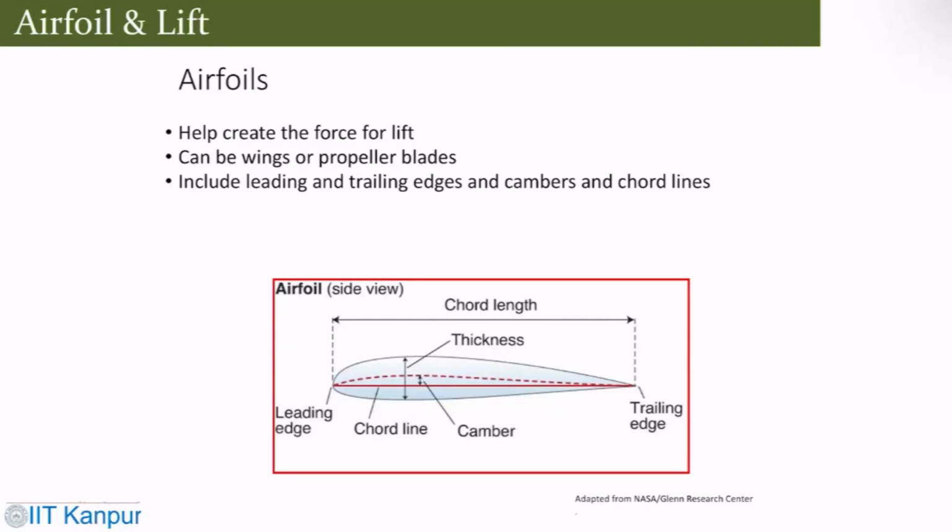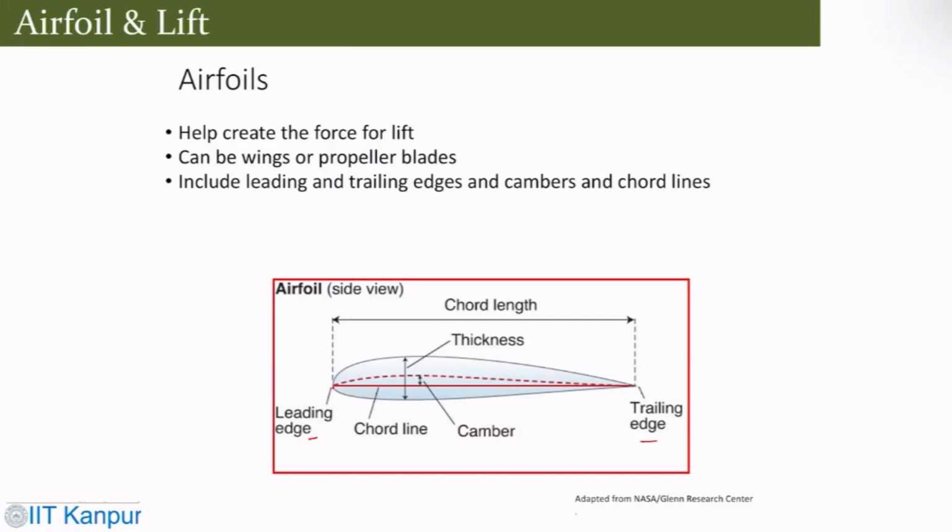The lift force is usually defined as perpendicular to the direction of the oncoming airflow, and it can be used in blades and wings. If you see this particular airfoil, this is called the leading edge, this is the trailing edge, then you have the line connecting the leading and trailing edge called the chord line, or that's what the chord length is.